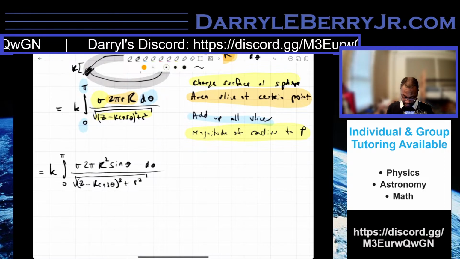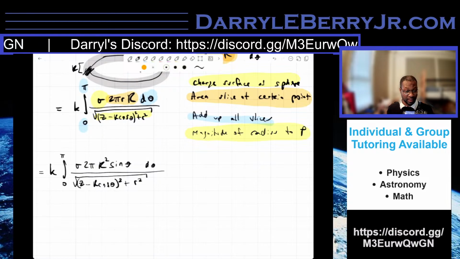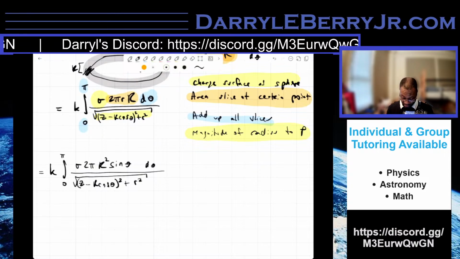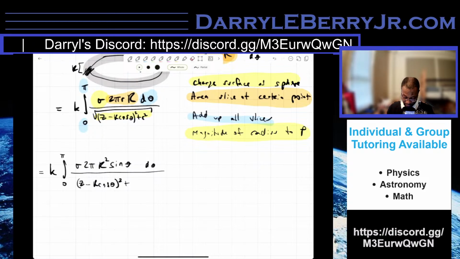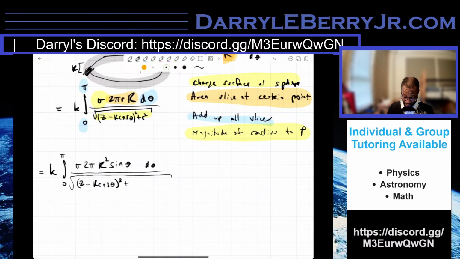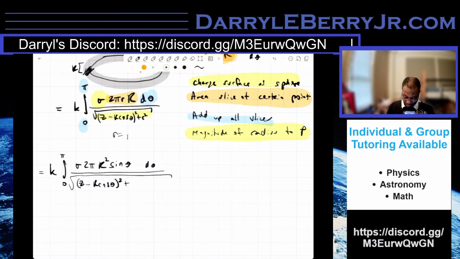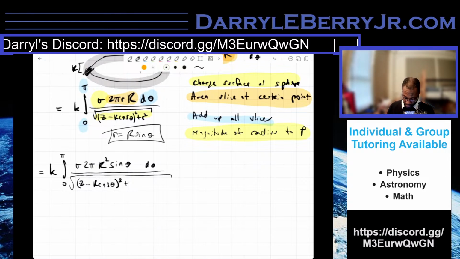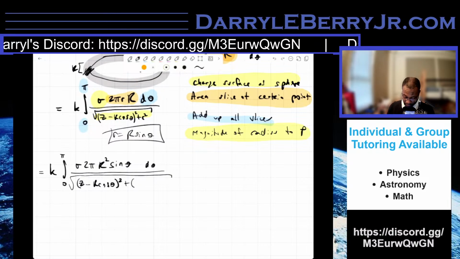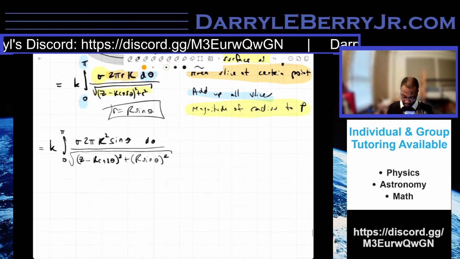Everything in terms of big R and theta, except for this little r squared. Oh, and I have to replace that one as well. Forgot about this one. Every single little r, I'll replace. This is going to be plus r sine theta squared.